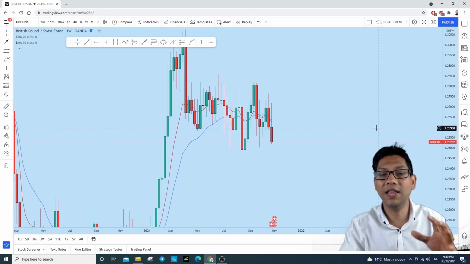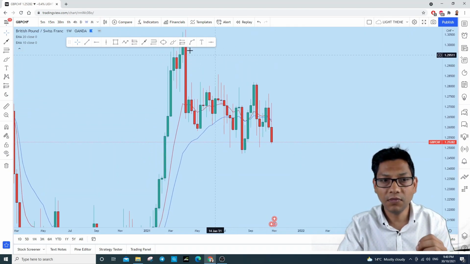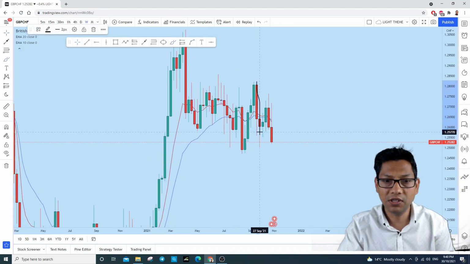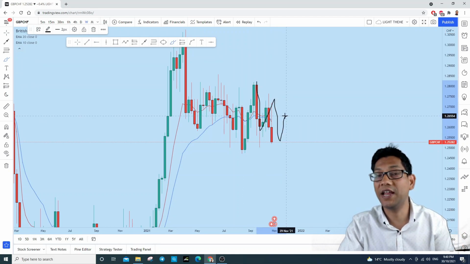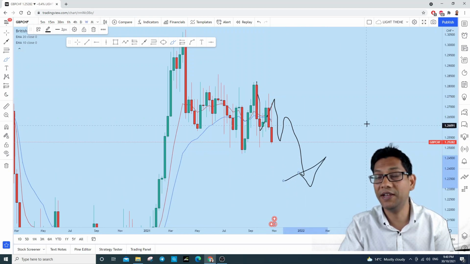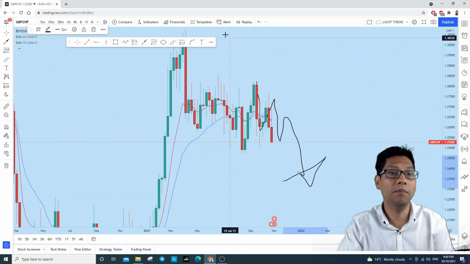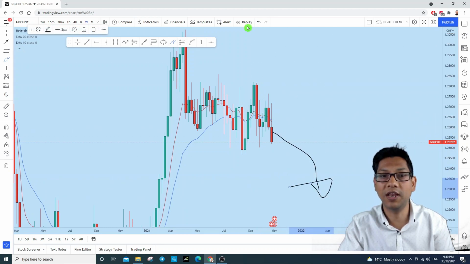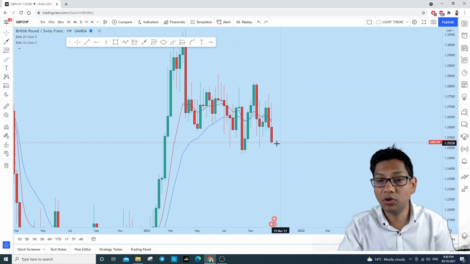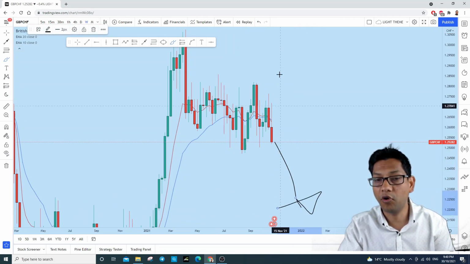Now on the weekly, as you can see, after this impulse followed by a correction, now we see another impulse. We might expect another correction, and then we might see another impulse to the downside and likely break to the downside, but we might not see a straight breakout from here.